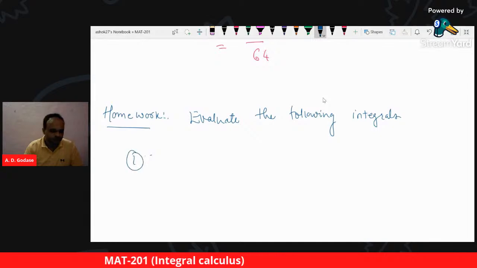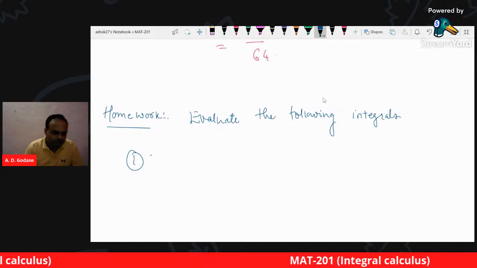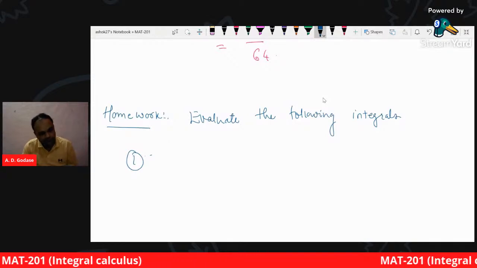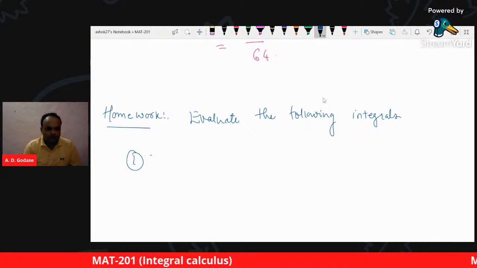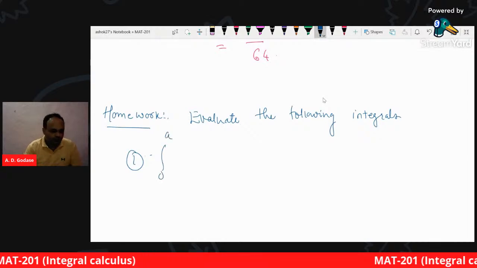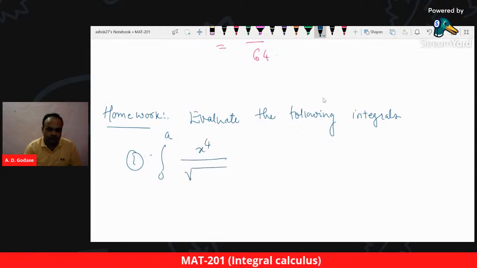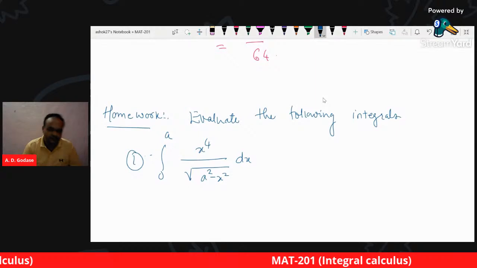First, it is the integration from 0 to a of x raised to 4 divided by the square root of a square minus x square dx.